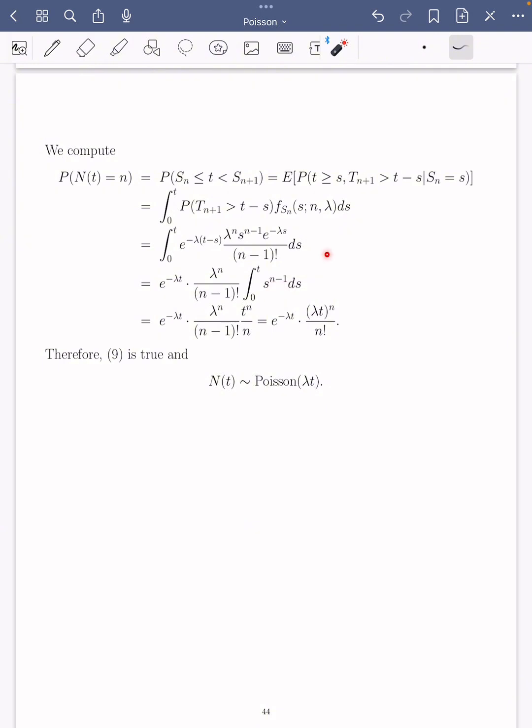So this is a simple polynomial, so it is very easy to get this integration out. Finishing this calculation, we know that the probability that N_t equal to n is equal to e to the negative lambda t, times lambda t to the power of n, over n factorial, which is exactly what we need.